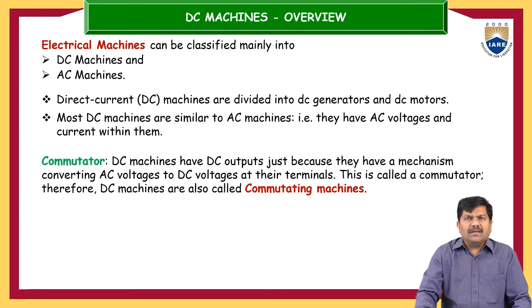In all machines, whether AC or DC, the electrical energy available across the armature terminals is always alternating in nature. If you expect DC current, DC voltage, or DC electrical energy, you have to place a commutator at the end rings of the armature. The commutator converts the alternating quantity into a unidirectional quantity.